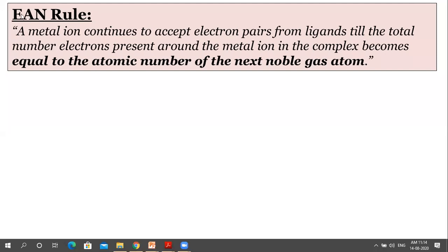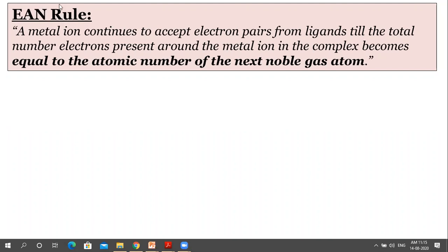So what is this EAN rule? This rule is asked for 1 mark in the board exam, so listen carefully. EAN is the effective atomic number, which is the total number of electrons around the central metal atom or ion in the complex.